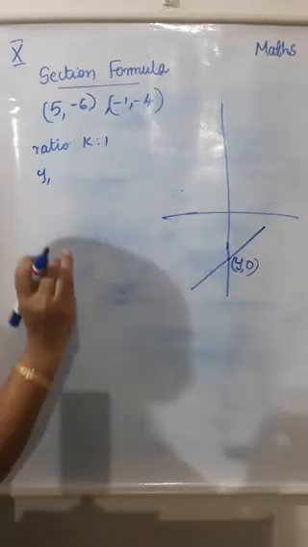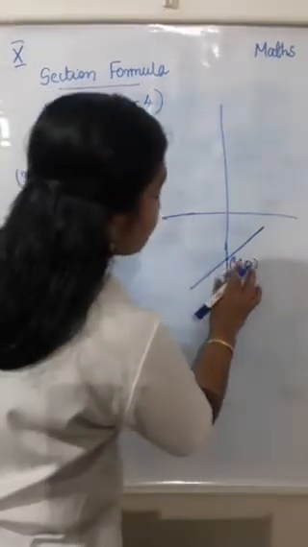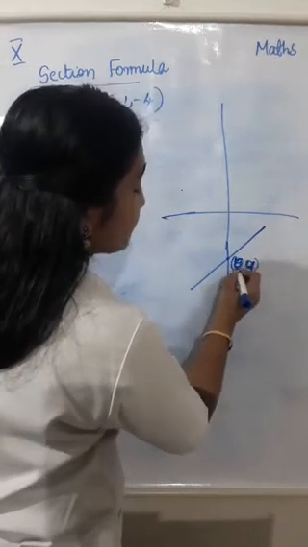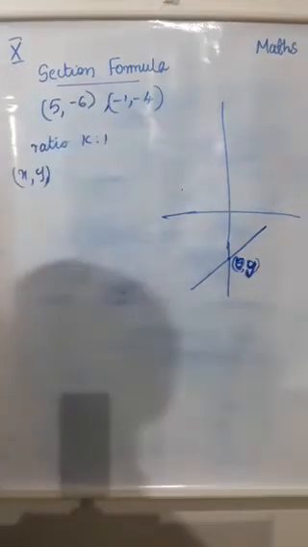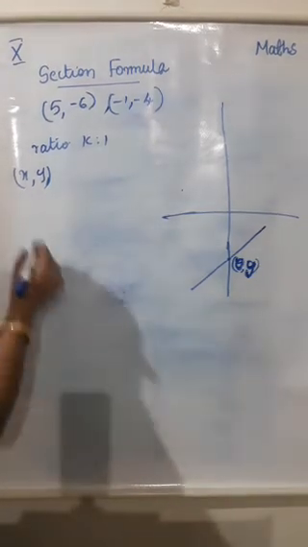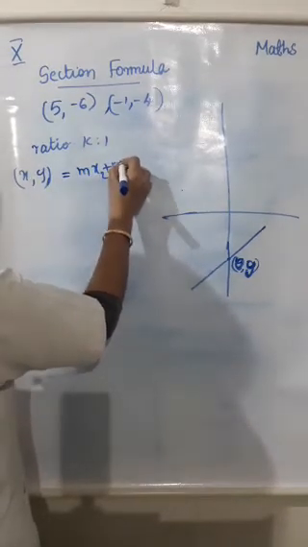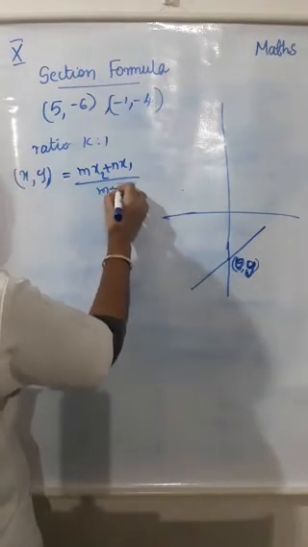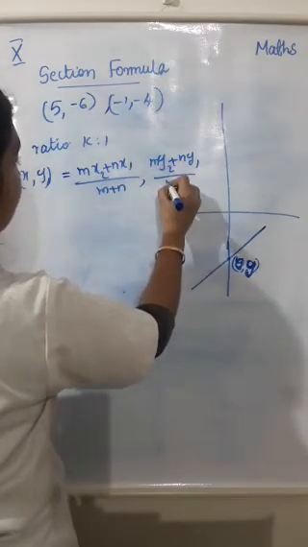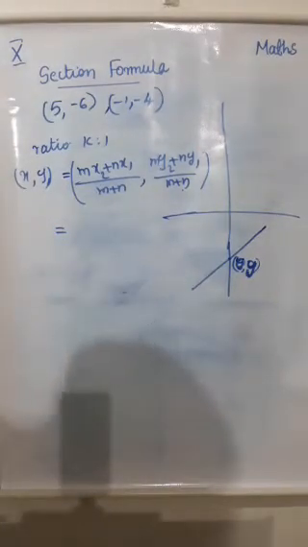Using the section formula, let the point be (0, y). x, y is equal to (mx2 plus nx1) by (m plus n), comma, (my2 plus ny1) by (m plus n). Here m is k.